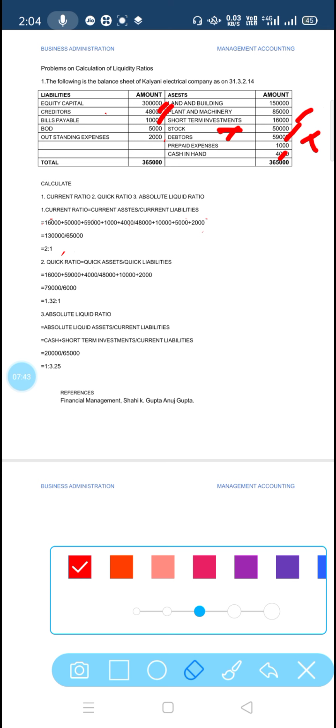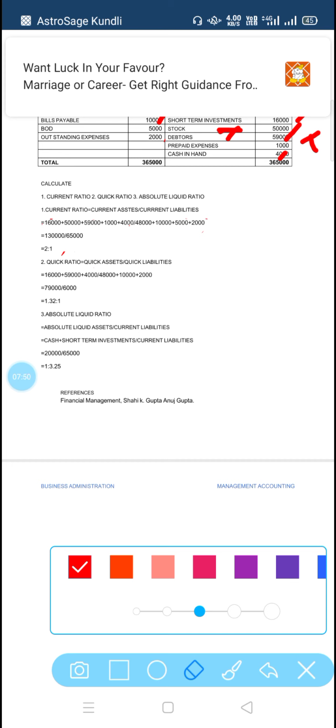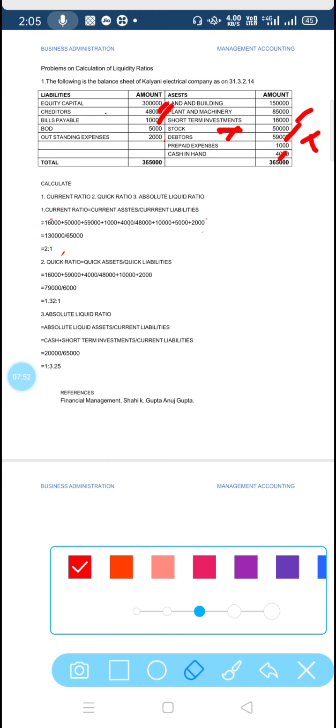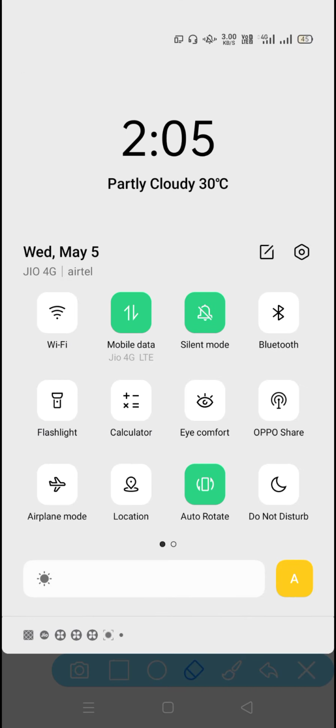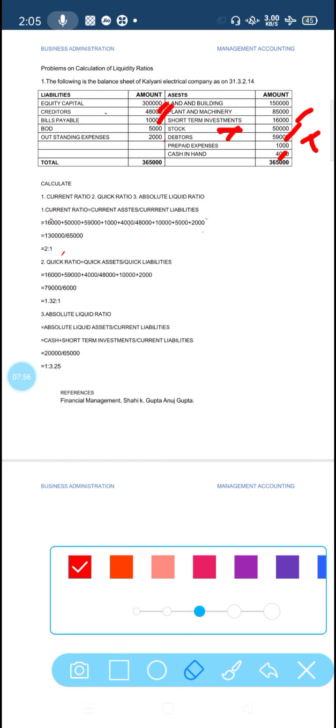Then moving to the absolute liquid ratio. The formula used to calculate the absolute liquid ratio is cash plus short term investments divided by current liabilities.